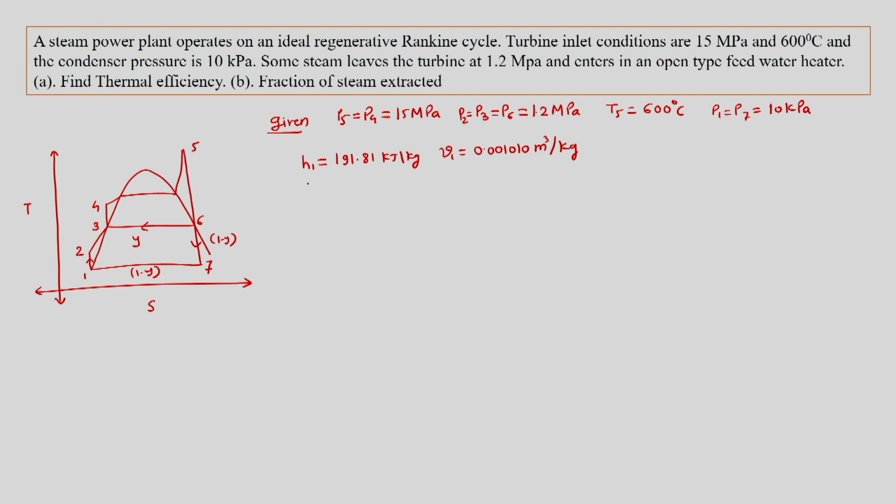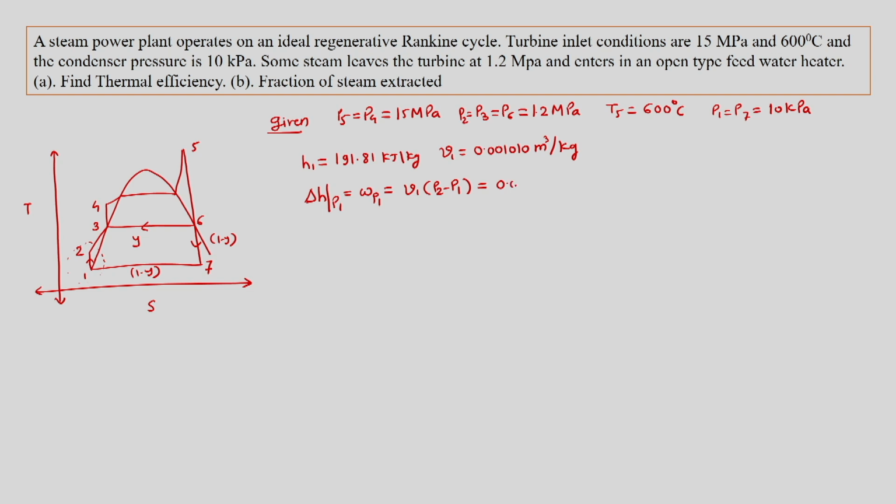Then we can find delta H P1, which we will also call the specific pump work. We have to remember that what we are calculating here is the specific pump work, since in the process 1 to 2 there is only 1 minus Y mass in the pump. So, it is not multiplied with mass. It will be V1 into P2 minus P1.